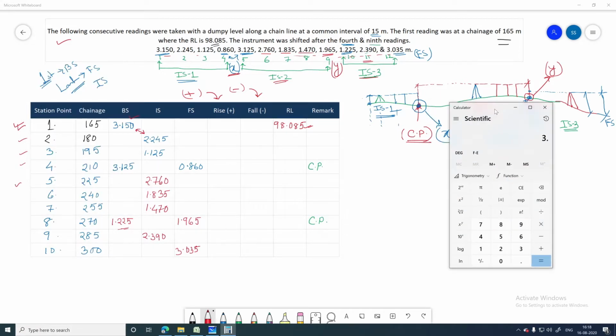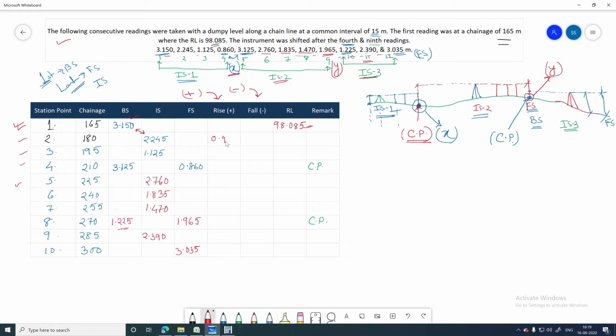So 3.150 minus 2.245, so that is 0.905. So is it positive or negative? It is positive, right? So we will put the value here, because in the first row we already know the value of the RL, so that is why we will put the value in the second row, and the value is 0.905. So it is positive, so 0.905. Okay, this is positive, right? So that is why I put the value in rise column.